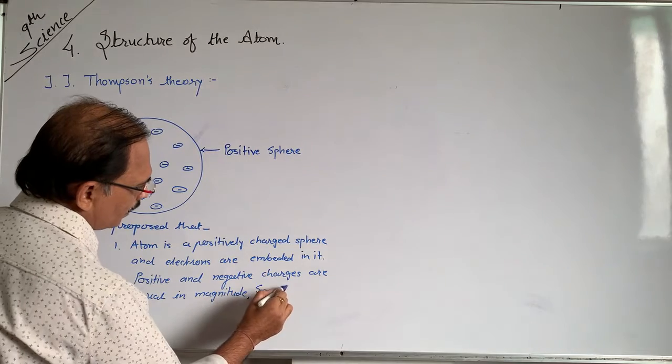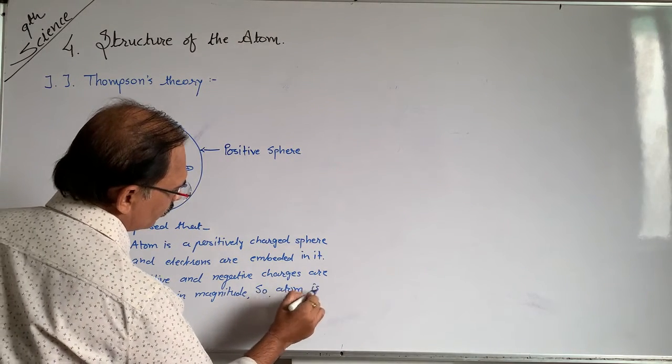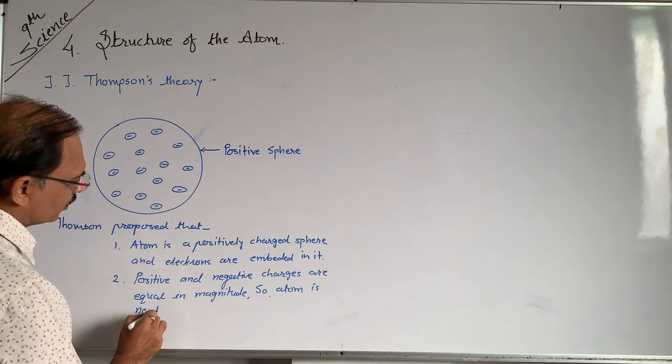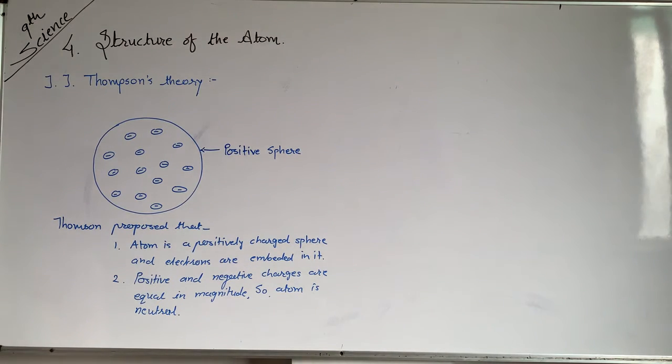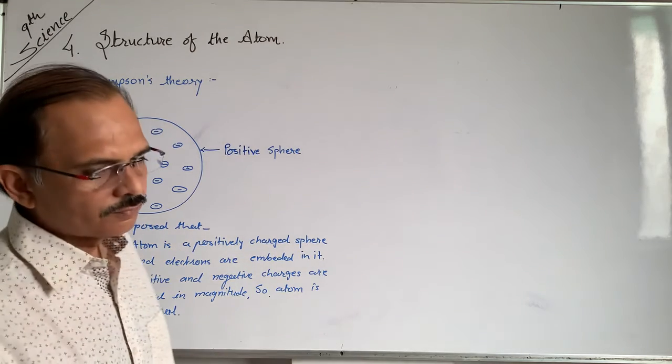So the atom is neutral. This second hypothesis is true, the first one was proved wrong later. Although Thomson's model explained that atoms are electrically neutral, the results of experiments carried out by other scientists could not be explained by this model.